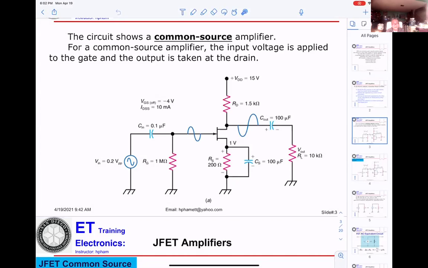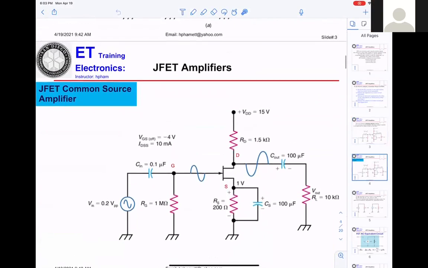That's a general picture for you. When you see the circuitry, you're able to recognize common source, common drain, common gate, and also the relation between input and output: the output voltage and the input will be 180 degrees out of phase.